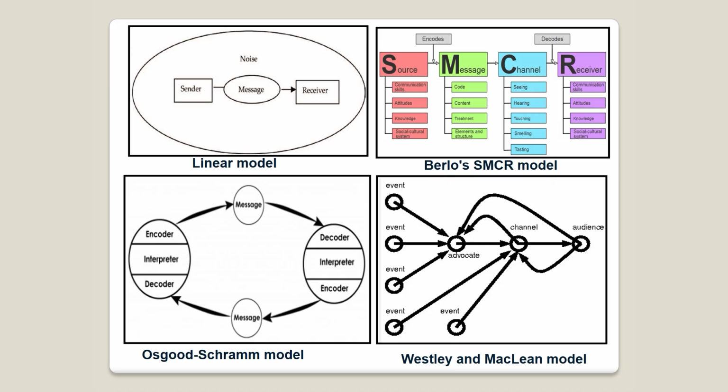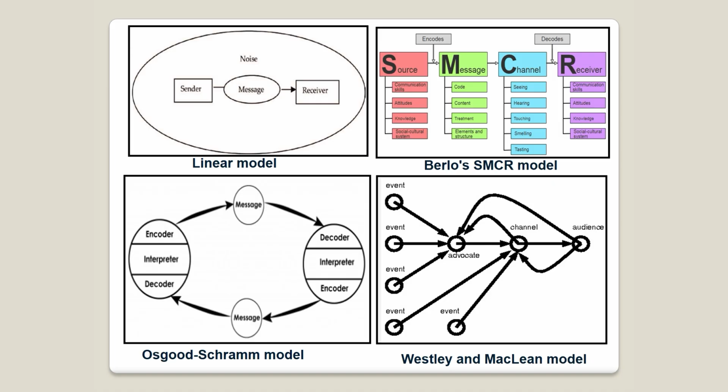A message means the content, treatment, or element structures. The channel means the sending, which may be by seeing, hearing, touching, smelling, or tasting, whatever way by which the message reaches the ultimate person or audience. That is defined as the channel in this model by Berlo.